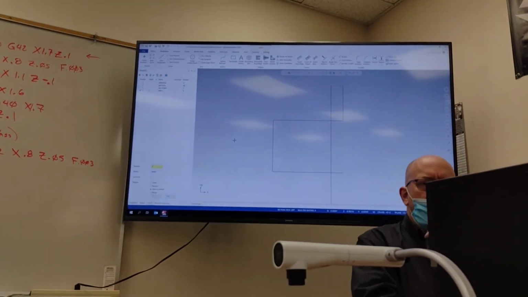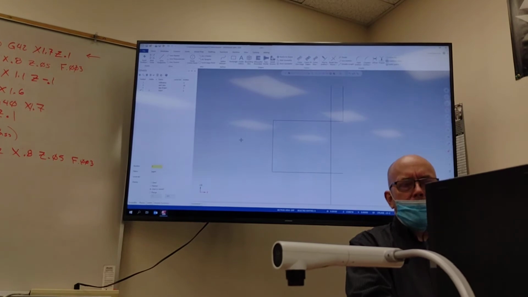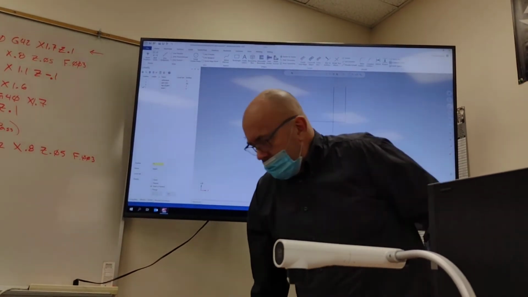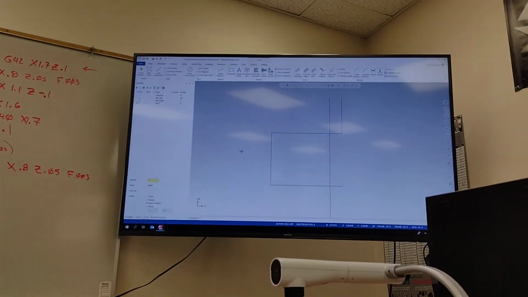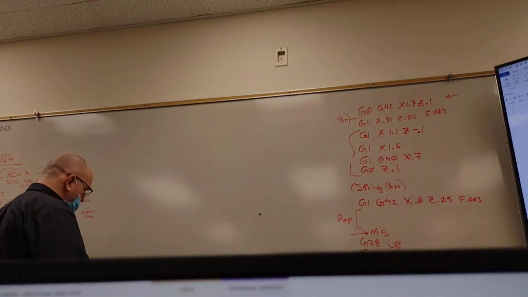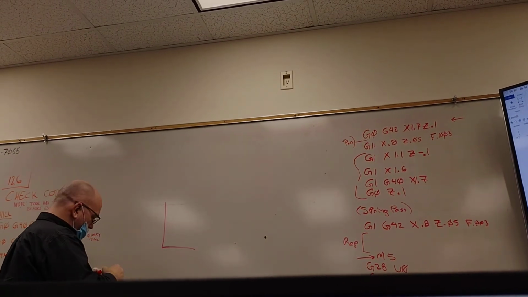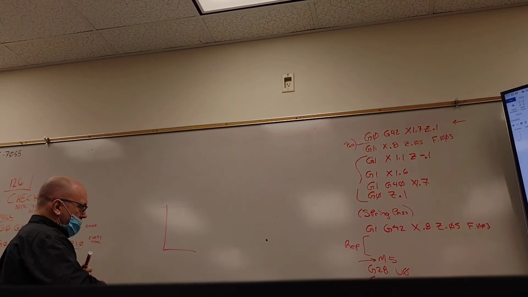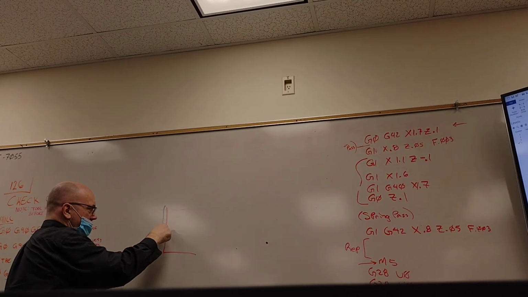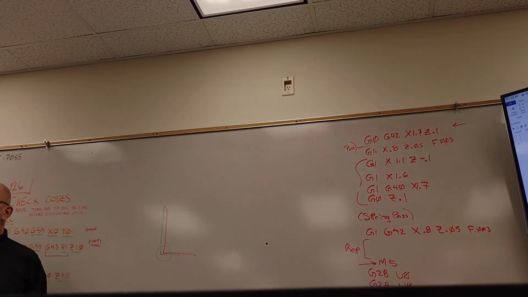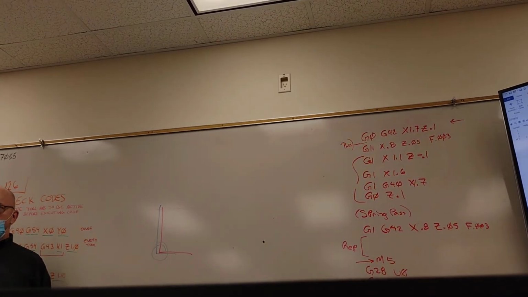Now, when you have two mating parts, and if they're both sharp corners, if I have an internal part here and an external part here, talk to me about the critical nature of this corner intersection here.